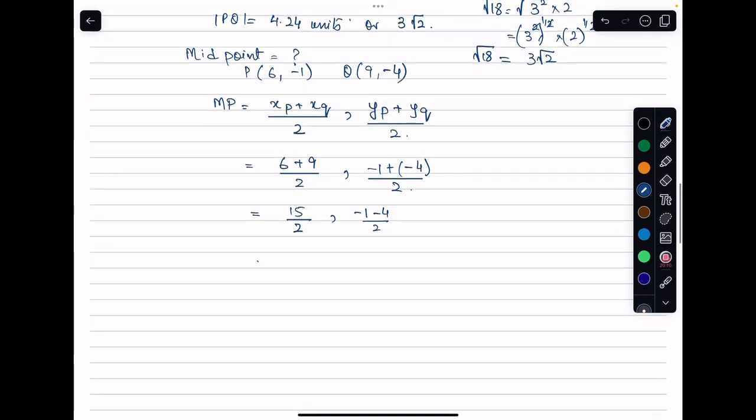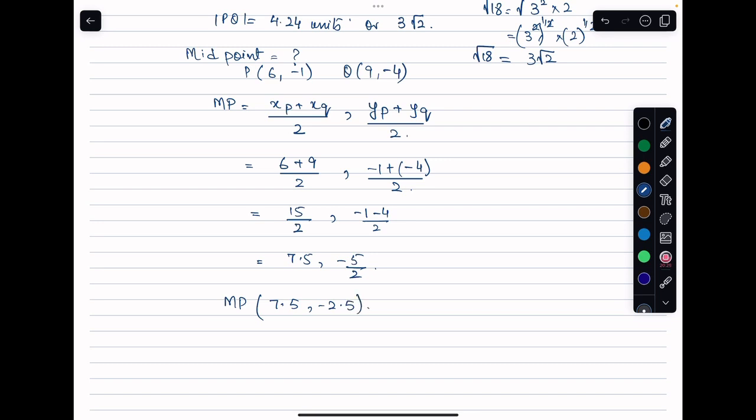So my midpoint here is 15 by 2 and negative 5 divided by 2, so I can just say that it's 7.5 here and negative 2.5 here. So the midpoint is (7.5, -2.5).